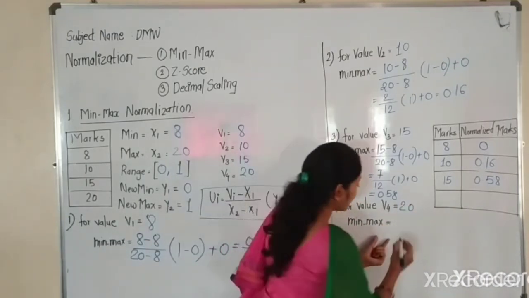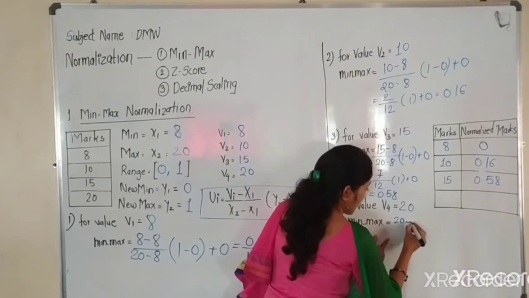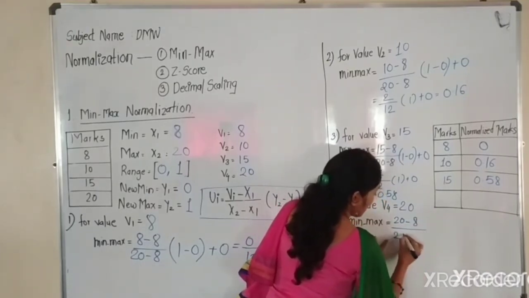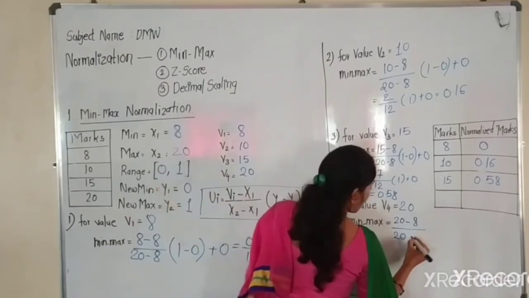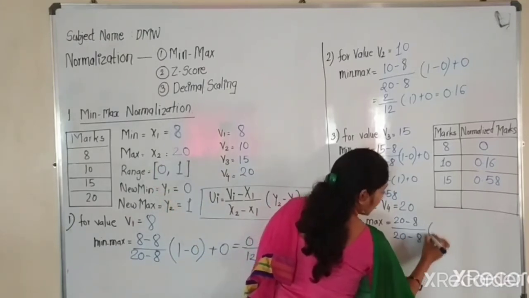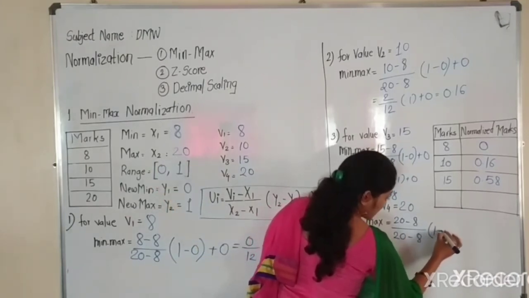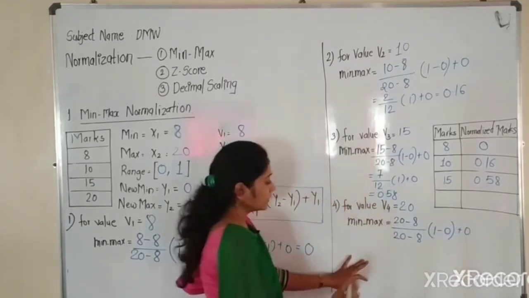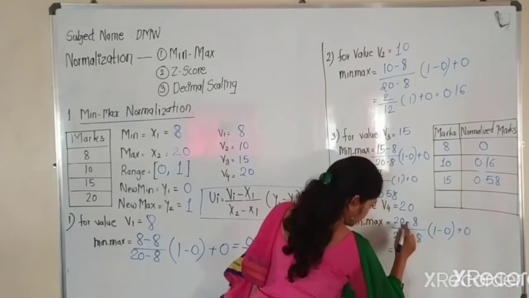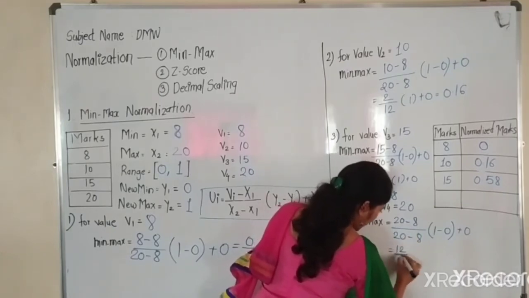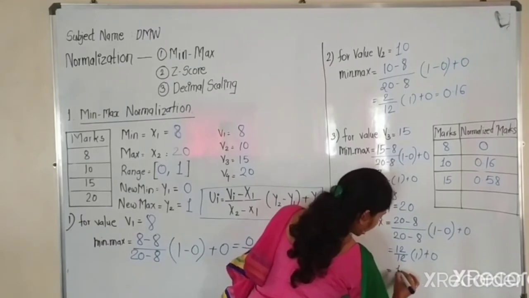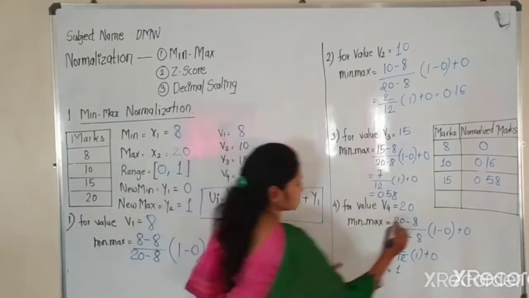So it can be calculated like value minus mean, divided by max minus mean, into new max minus new mean, plus new mean. Max is 20, new max is 1, new mean is 0, plus 0. Then it will become 12 divided by 12 into 1 plus 0, that gives us 1.